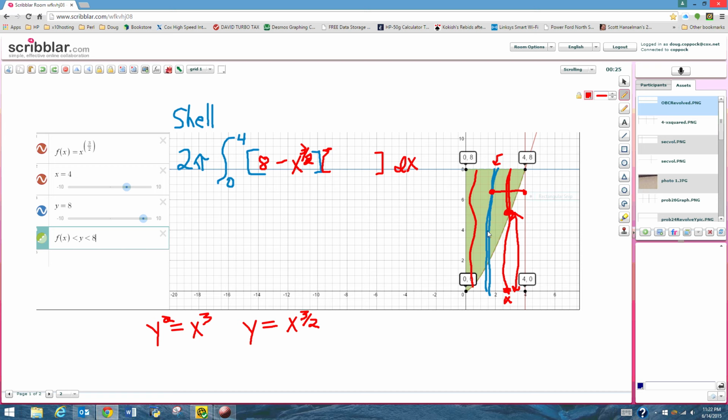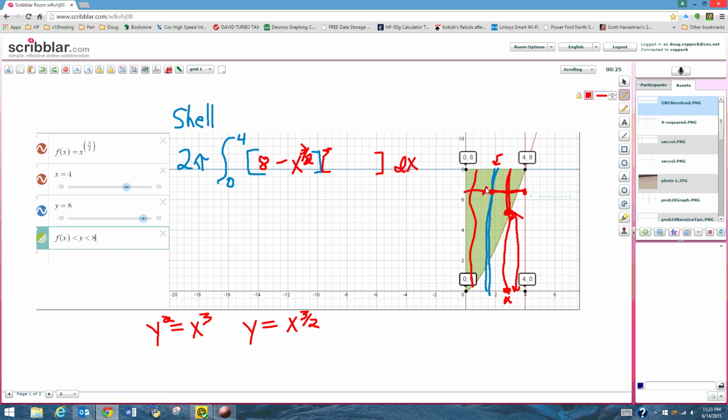Okay. Now let's figure out what the average radius is. Well, here's the whole distance from here to here is 4.